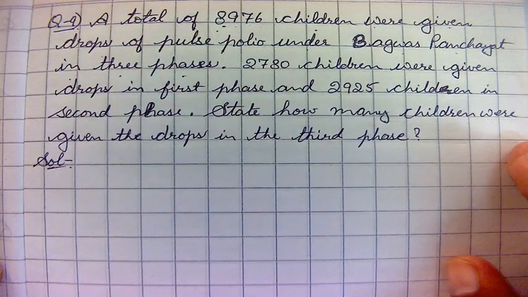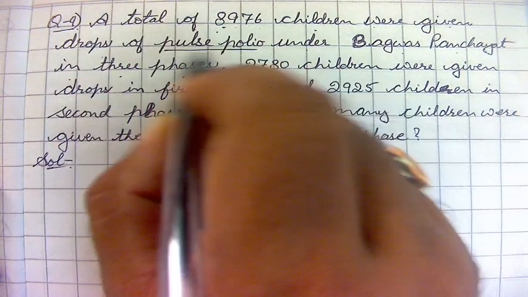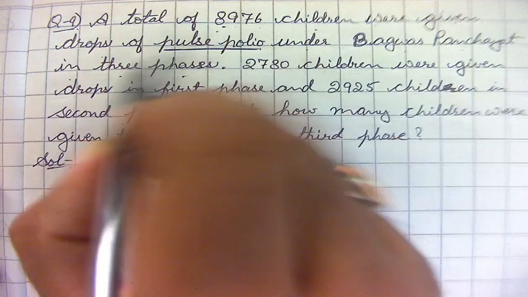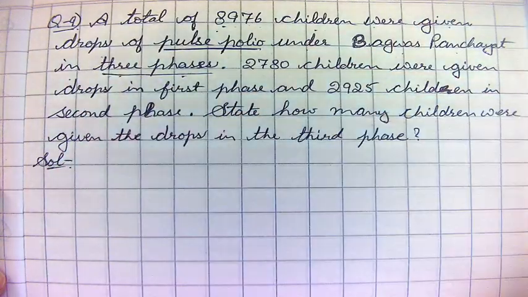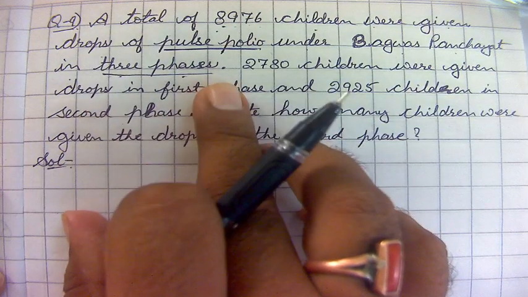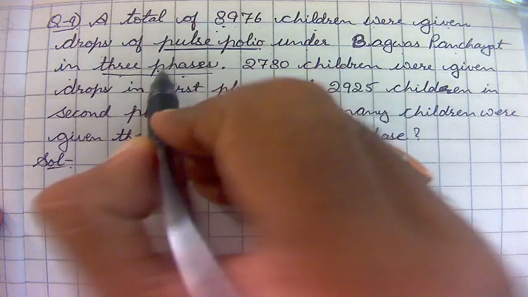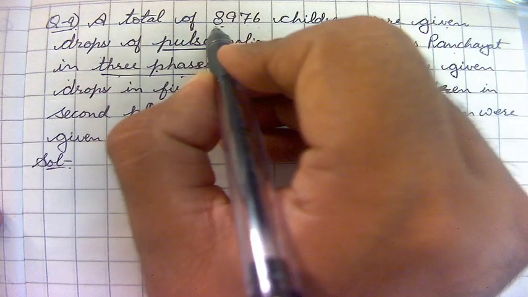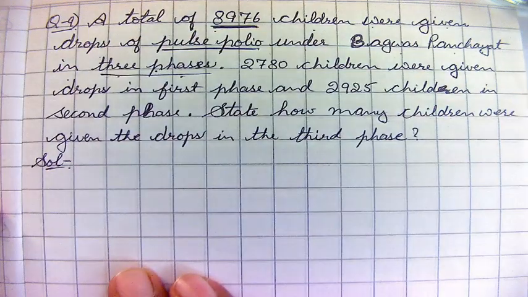So there is a pulse polio mission which is conducted in 3 phases. 3 phases means in 3 parts, 3 periods it was conducted. So in this pulse polio mission, a total of 8,976 were given the drops of pulse polio.